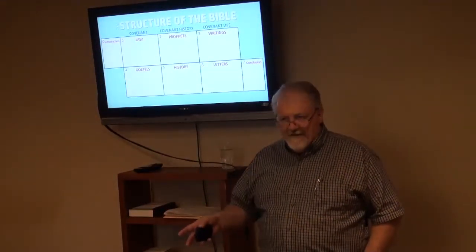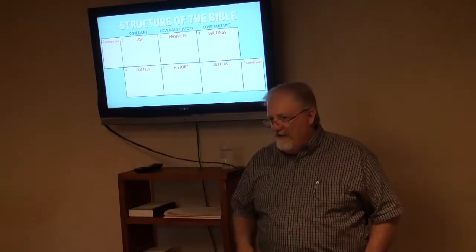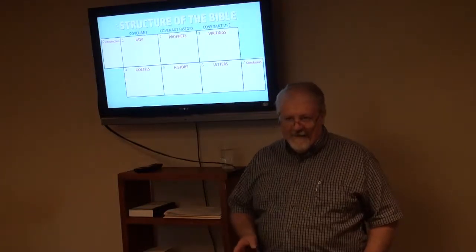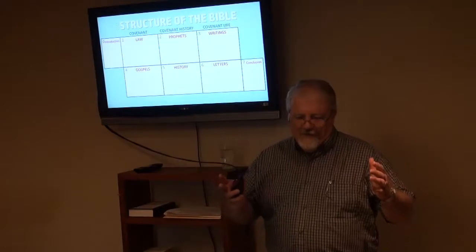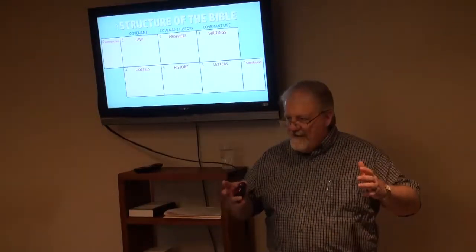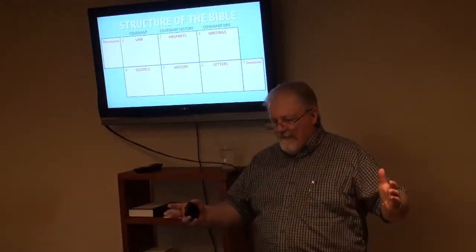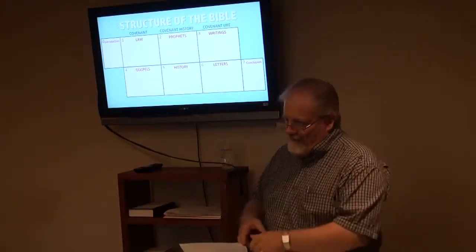And the writings, the letters of Paul and the general letters, are parallel to the writings of the Old Testament. We're going to see that exactly the same way. So that structure of the creation event is the foundation or the pattern to which the entire Bible is based on in terms of its structure as a covenant document.